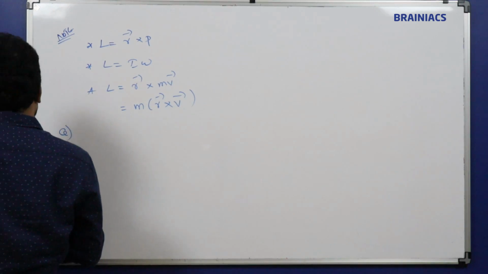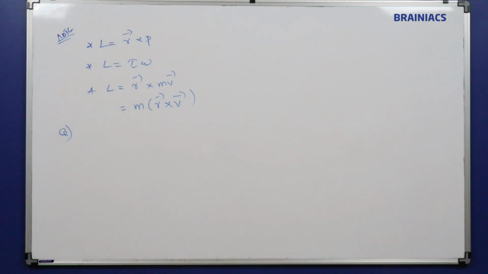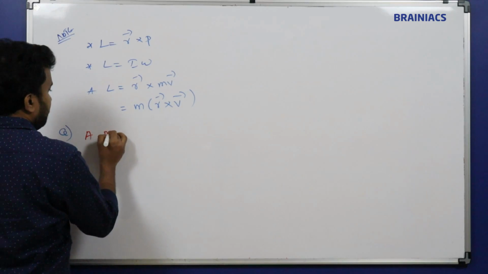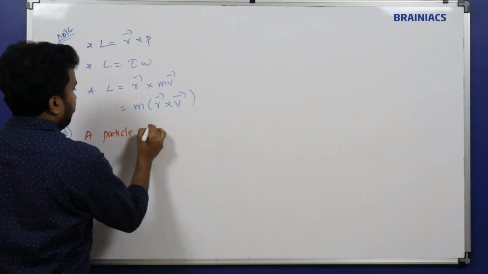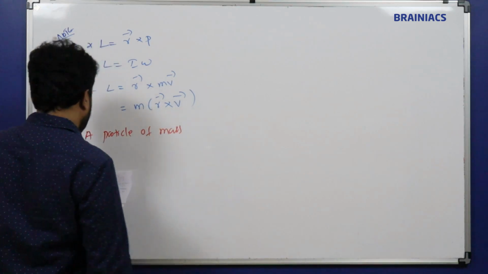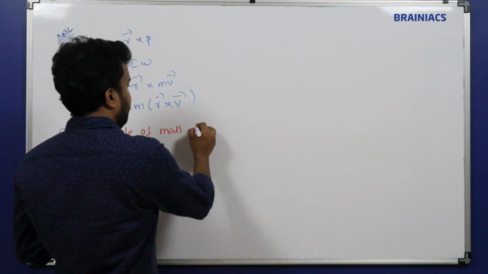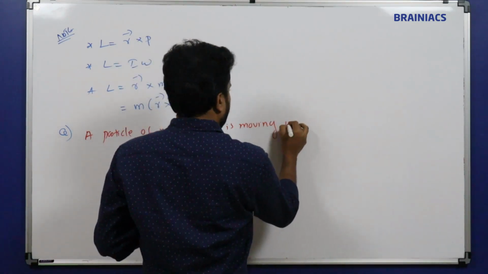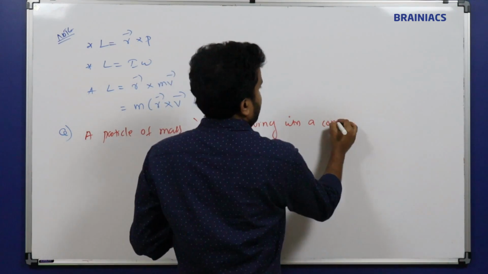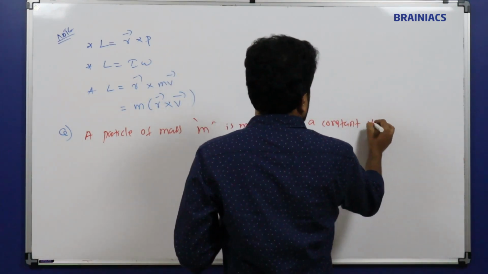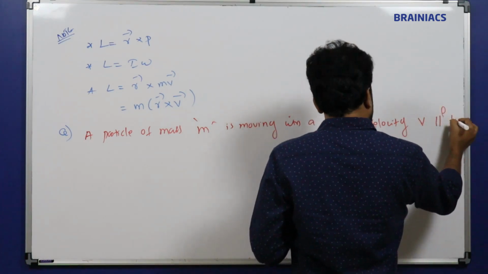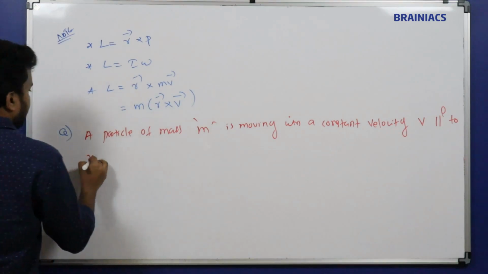So let's do some questions. I just summarized the points. You can write it as a note. Write down a beautiful question. We need a beautiful answer for this one. A particle of mass m is moving with a constant velocity v parallel to the x-axis.